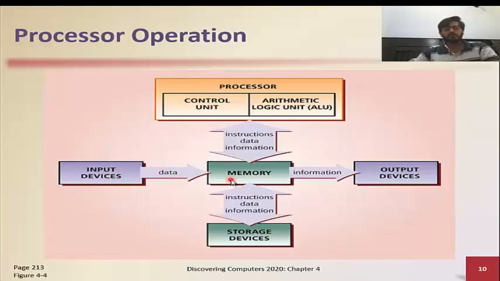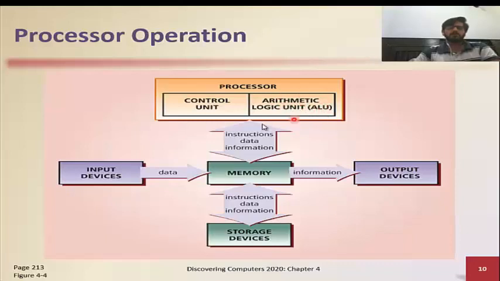After that, the CU, the control unit, fetches the data from the memory and checks whether it is an arithmetic operation. 2 plus 3, yes, it is an arithmetic operation, so it hands this operation over to the ALU.